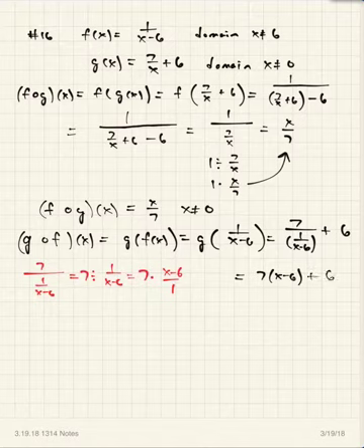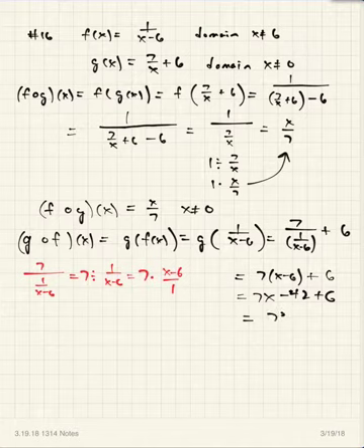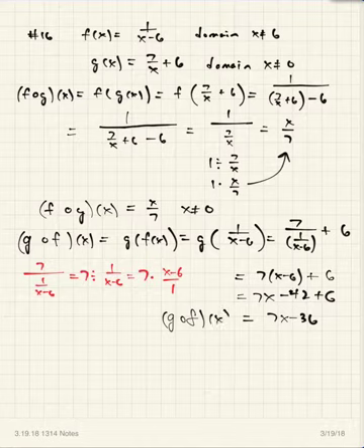And then that would be plus 6. And so this would give you 7x minus 42 plus 6, or 7x minus 36. And that would be the composition here. That would be G composed with F of x. It would be 7x minus 36.